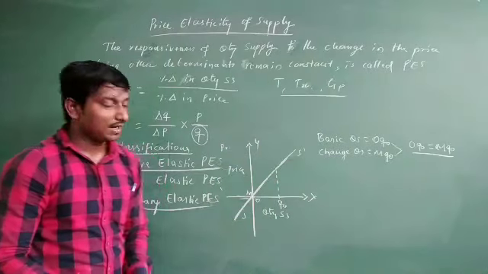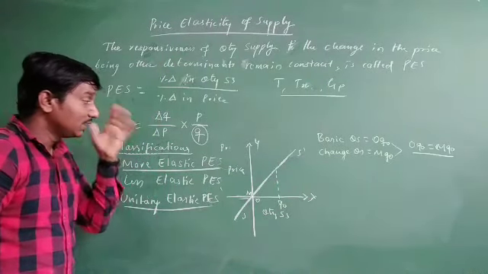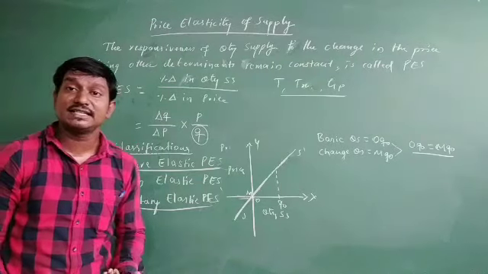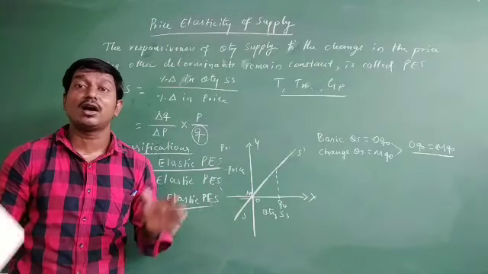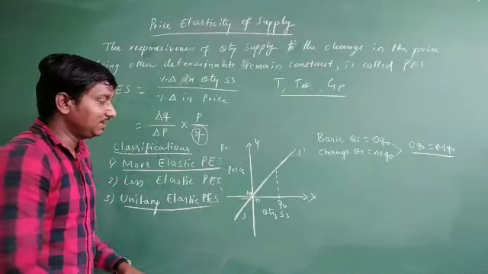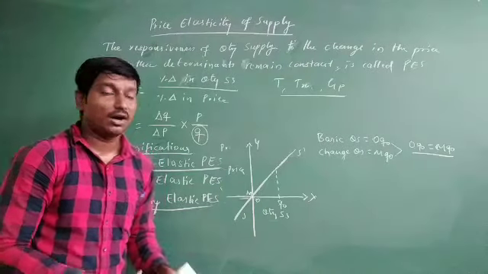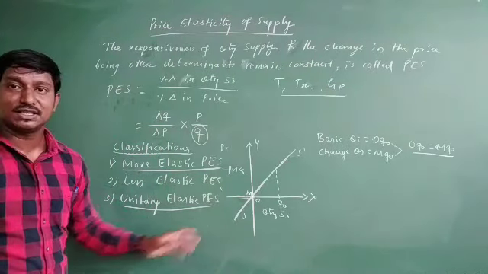Therefore, we call it unitary elasticity of supply, which indicates the percentage change in the quantity supply and the percentage change in the price are one and the same, which means both are equal. That is how we call it unitary price elasticity of supply.